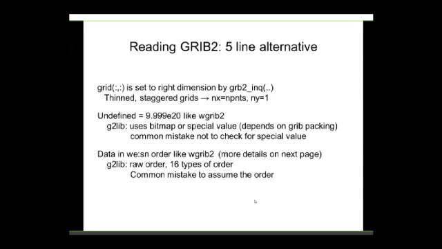Complex packing allows you a choice of either bitmap or special values. Special values produce a smaller file that's faster to decode. It's just more efficient. A bitmap requires 1 bit for a grid point, while complex packing tends to encode about 2 to 5 bits.